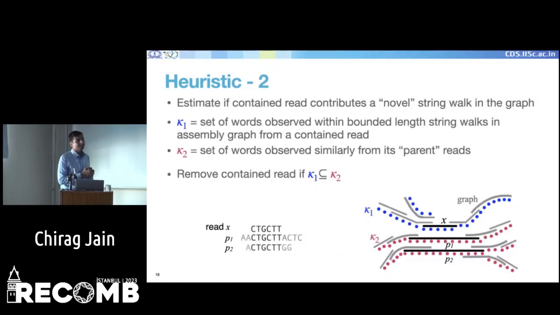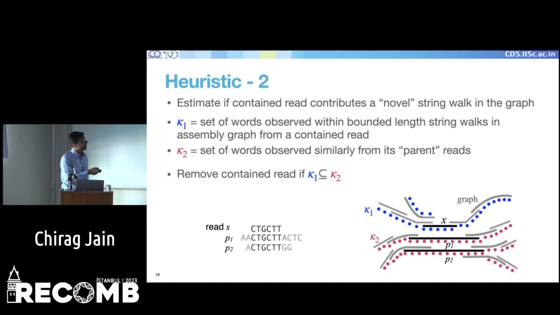The second heuristic is that, because we cannot enumerate all the chromosome-length walks in the graph, we can at least look at the local neighborhood of those contained reads and check if the presence of k-mers informs that there is a new walk that can be spelled by the contained read.